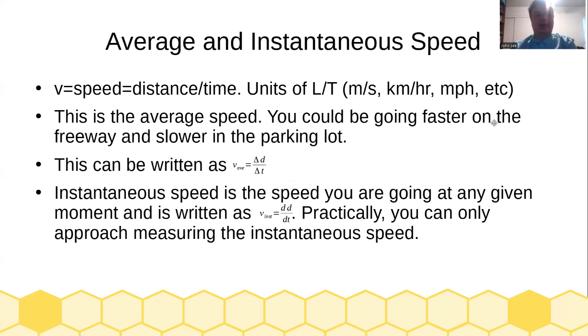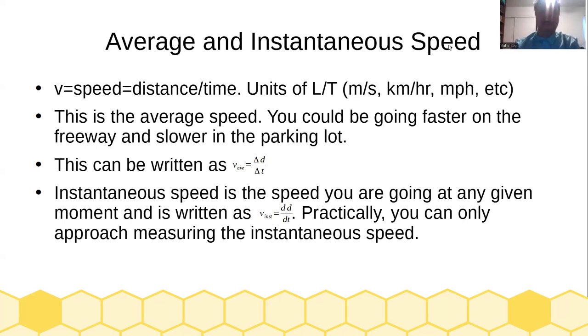You could be going faster on the freeway and slower in the parking lot, but this will only give you the overall average speed that you were traveling. This can be written as v average equals delta d over delta t, where delta means that there is a change in something. So delta d over delta t is the change in distance over the change in time.